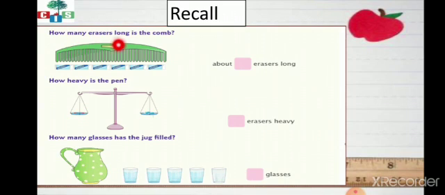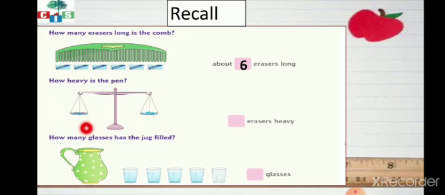How many erasers long is the comb? If you see here, there are erasers. So let's count. 1, 2, 3, 4, 5, 6. So how many erasers are there? Right? 6. Second one. How heavy is the pen?